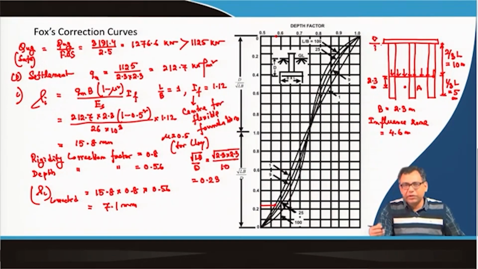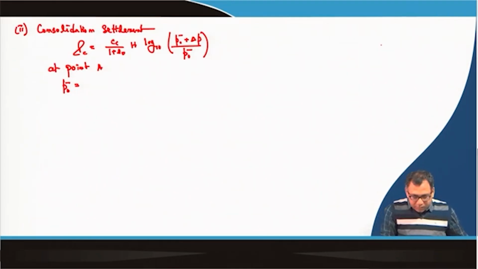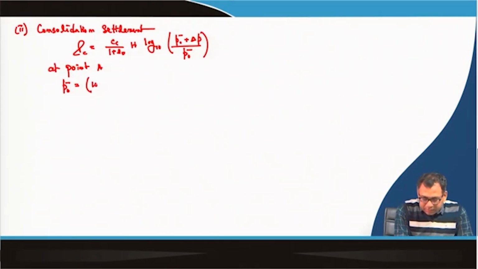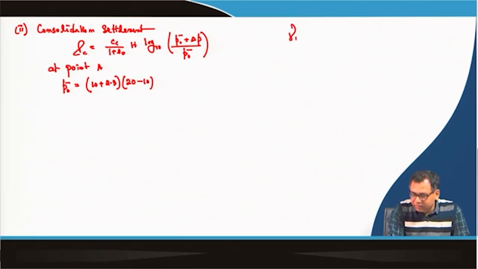So, for all the unit weights we have to consider the submerged unit weight, and point A is 10 plus 2.3, 12.3 meter from the ground surface. So, this is 20 minus 10, considering the unit weight of water as 10 kilonewton per meter cube. So, P0 bar is 12.3 into 10 kilonewton per meter square.